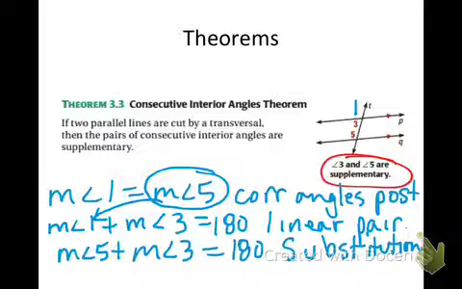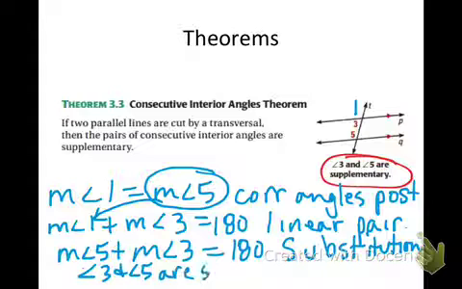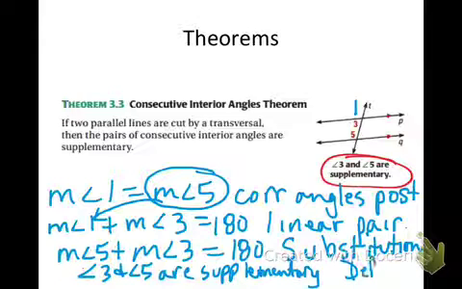And obviously if they equal 180, then we can say angle 3 and angle 5 are supplementary. And that's just coming from the definition of being supplementary. Can I put SUPP? Okay.